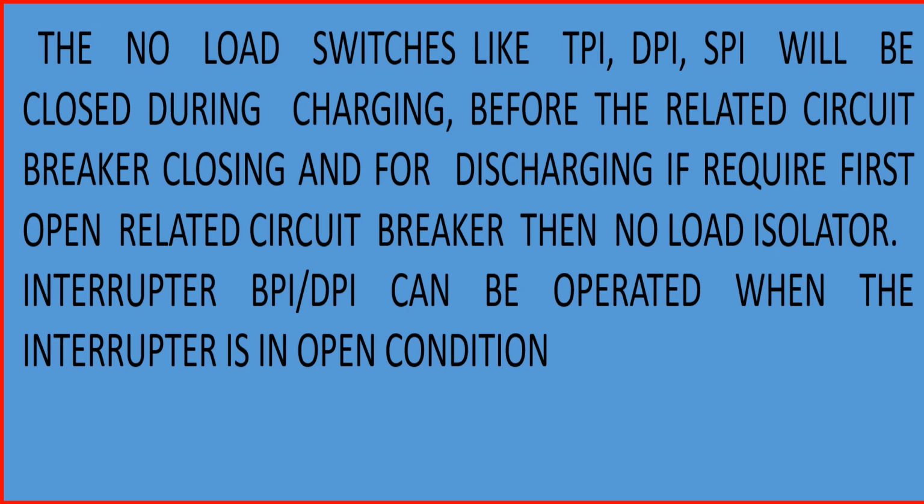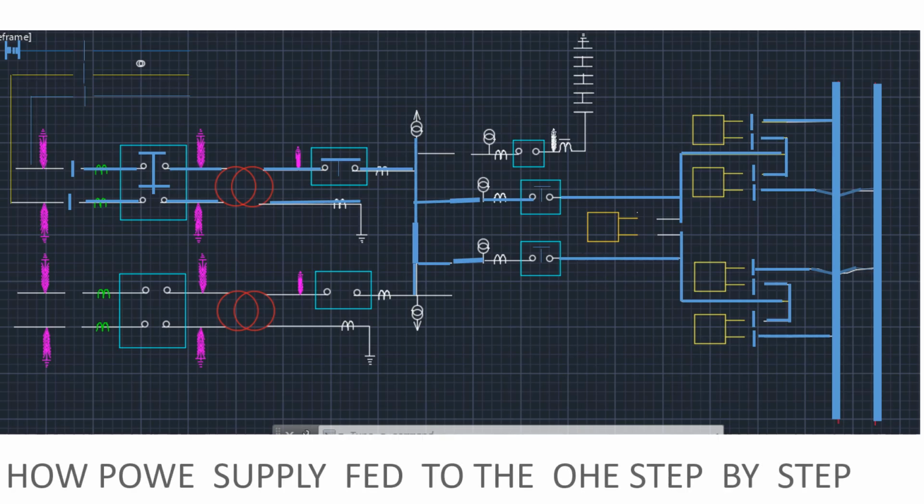Interrupter, bipolar isolator or double pole isolator can be operated when the interrupter is in open condition. How is 25 kV traction power supply fed to overhead equipment?